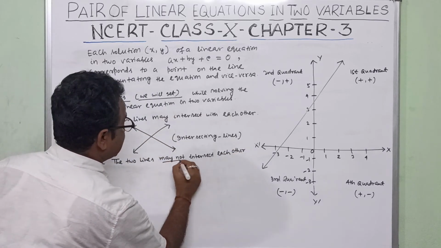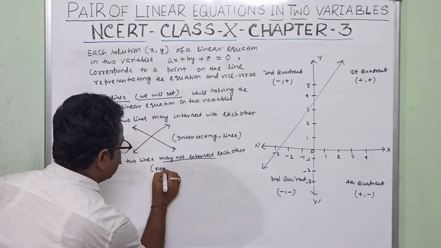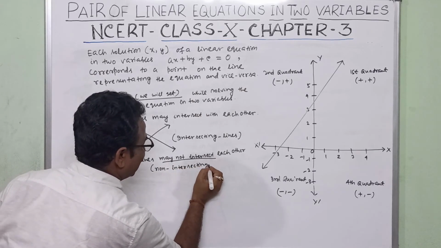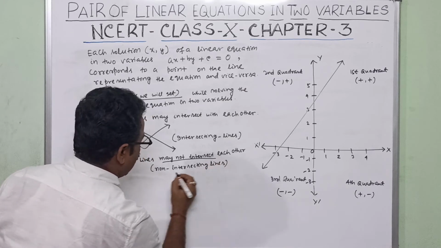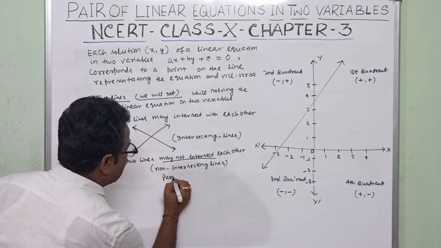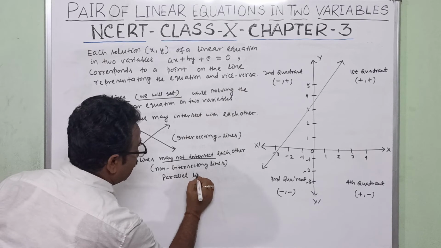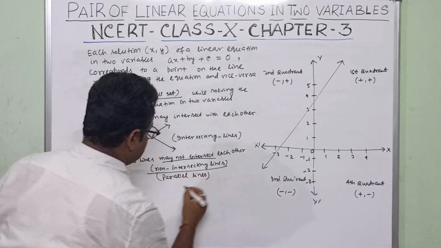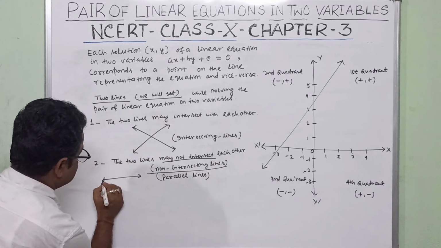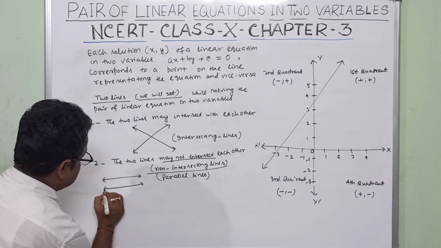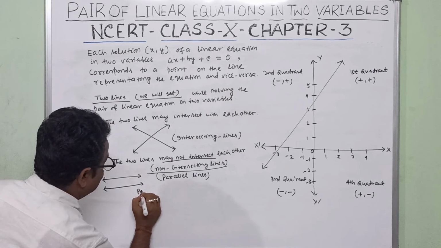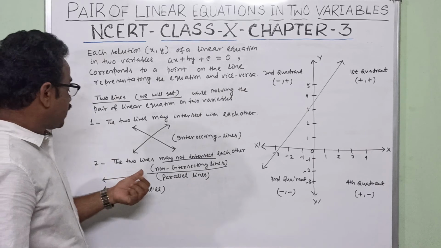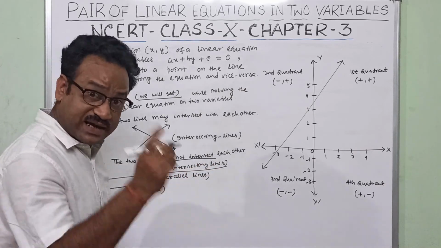These are non-intersecting lines, or parallel lines. This is one, this is another: parallel. So the two lines may not intersect, and a third one is there.